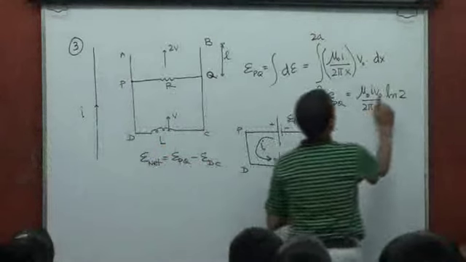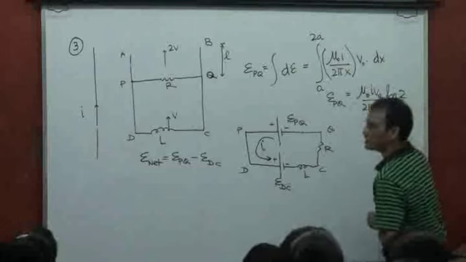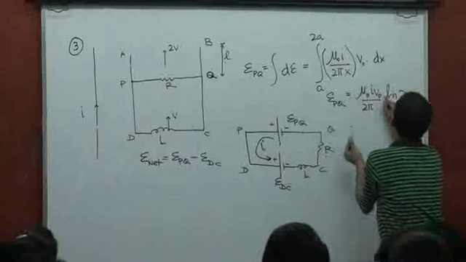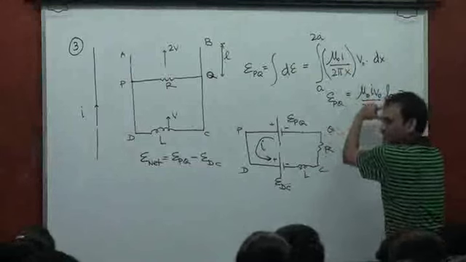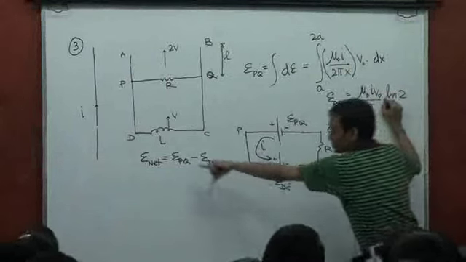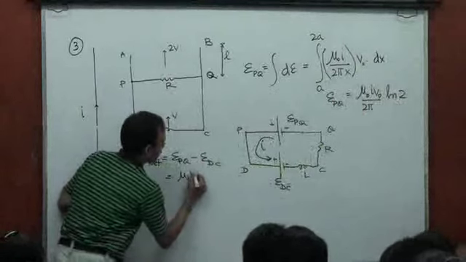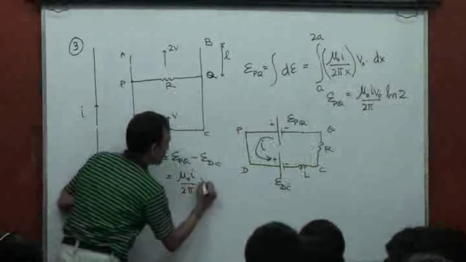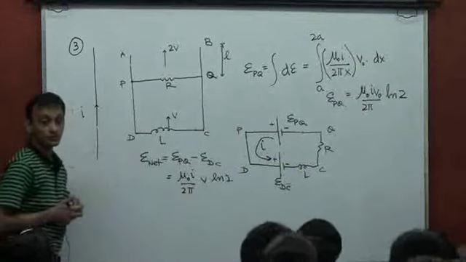EPSA PQ is like put V0 equal to 2V. EPSA DC is like put V0 equal to V. If you subtract, everything else remains the same, mu naught I by 2 pi log 2, 2V minus V. That means the difference of these two is mu naught I by 2 pi V log 2. That's a EPSA net.